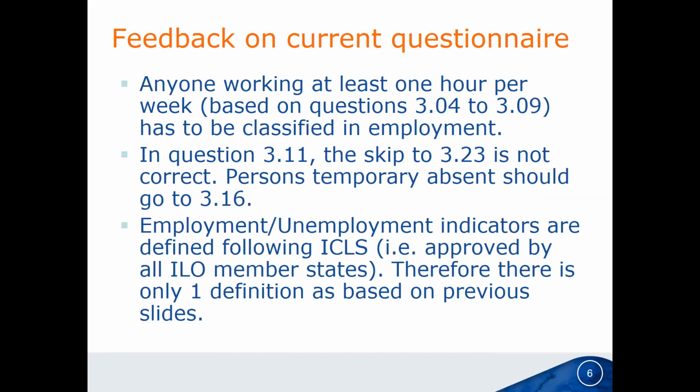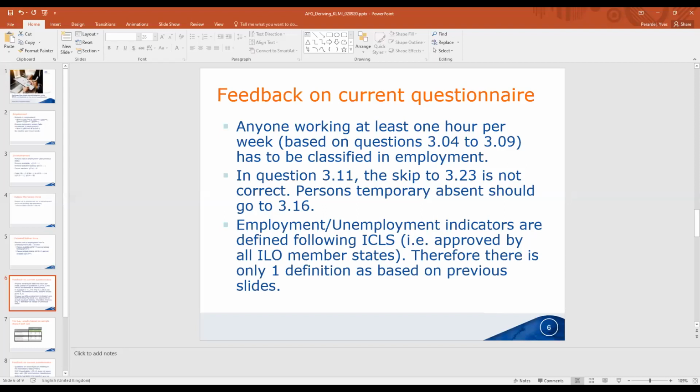Then we noticed a small issue in question 311. I will go back to the questionnaire. There is a skip to 323. And the problem with this is that, for the persons who are temporarily absent, you miss all the initial section on employment to have ISCO and ISIC.